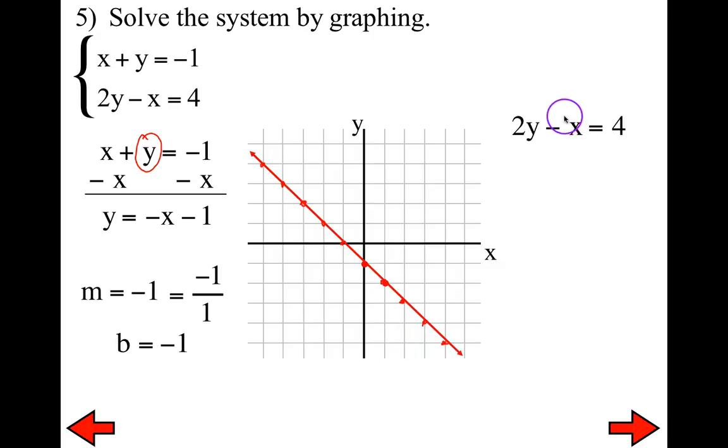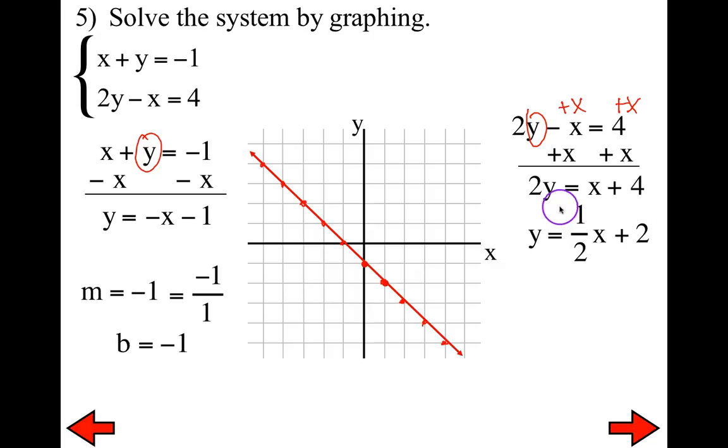Second one, also going to convert that into slope-intercept form. I need to isolate y, so I'm going to add x to both sides, leaving me with 2y equals x plus 4. Now I need to get rid of this 2, so I'm going to divide everything by 2. And I would end up with y equals 1/2 x plus 2. Now what am I going to do? Well, I recognize my slope is 1/2. My y-intercept is 2.